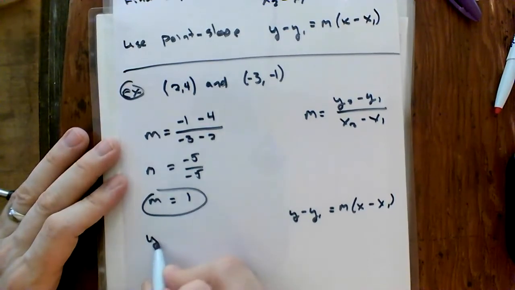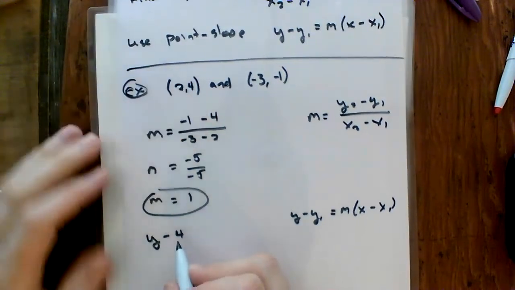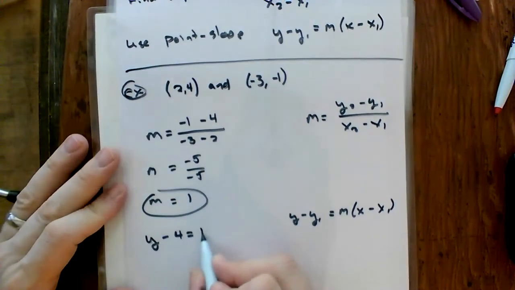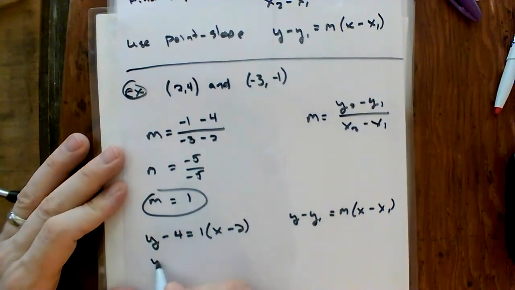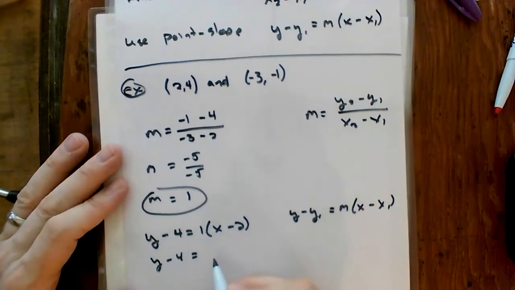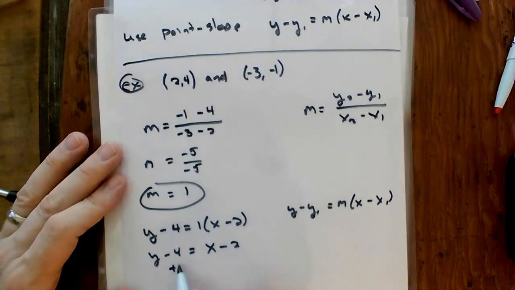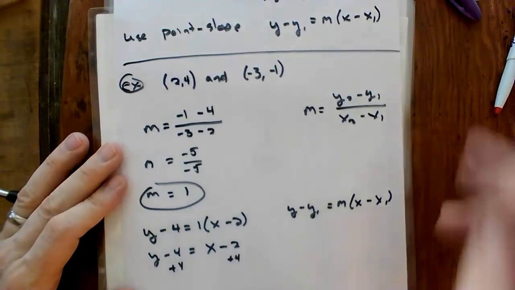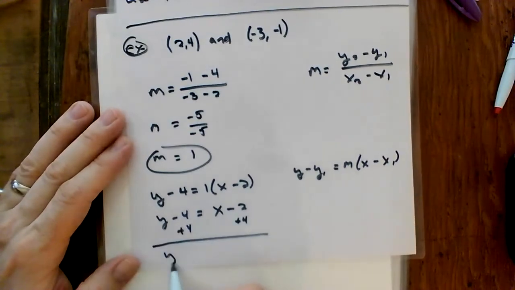So this is going to be y minus 4, there's my y1, is equal to 1 times x minus 2. So I've got y minus 4 is equal to, well, 1 times anything is just itself, so this is just going to stay x minus 2. I'll go ahead and add 4 to both sides, and I'll have y is equal to x plus 2.